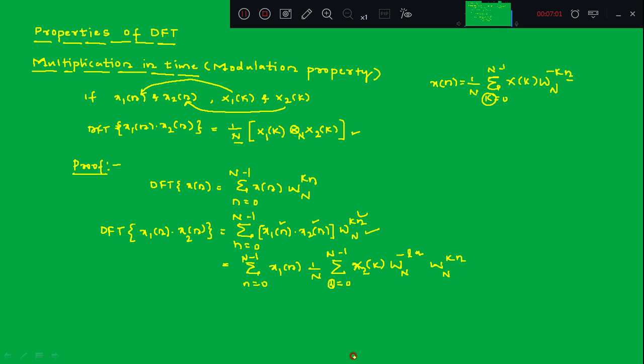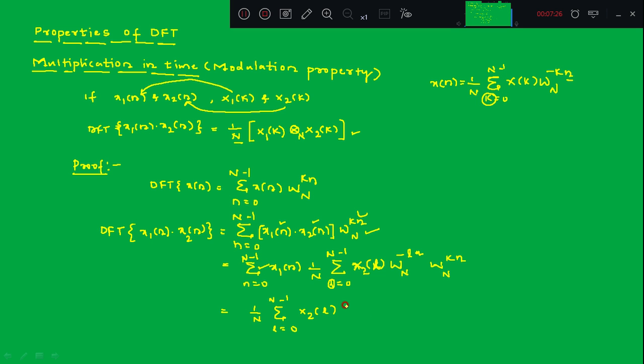n, right? So let me take this 1 divided by N outside, and also this summation, that is L is equal to 0 to n minus 1, outside. Then next I will write this, one more correction, so this becomes x2 of L. Then I will take this summation inside.